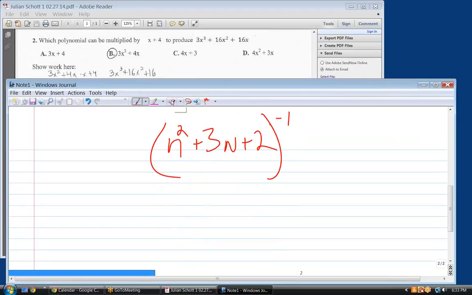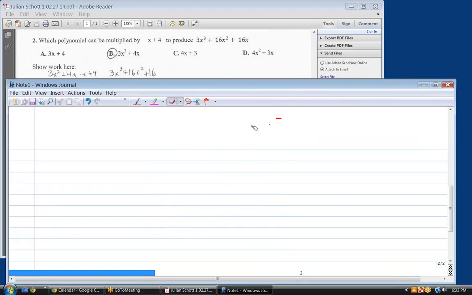Okay. Let's teach you how to do it properly. If that times one of these answers is equal to that cubic function, then if I divide this polynomial by x plus 4, I'll get the answer they're looking for.